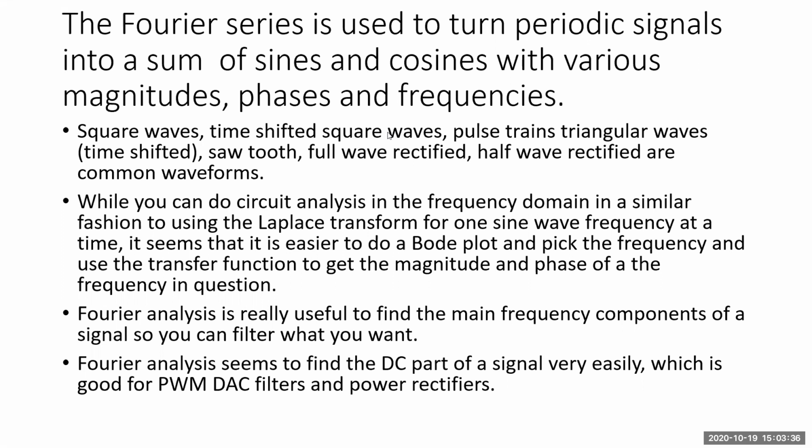So everything tends to have a discrete frequency instead of a continuous frequency. All right. What it's great for is that you can find these frequency components that are really important in a signal, and then you can decide what to do with them. All right.